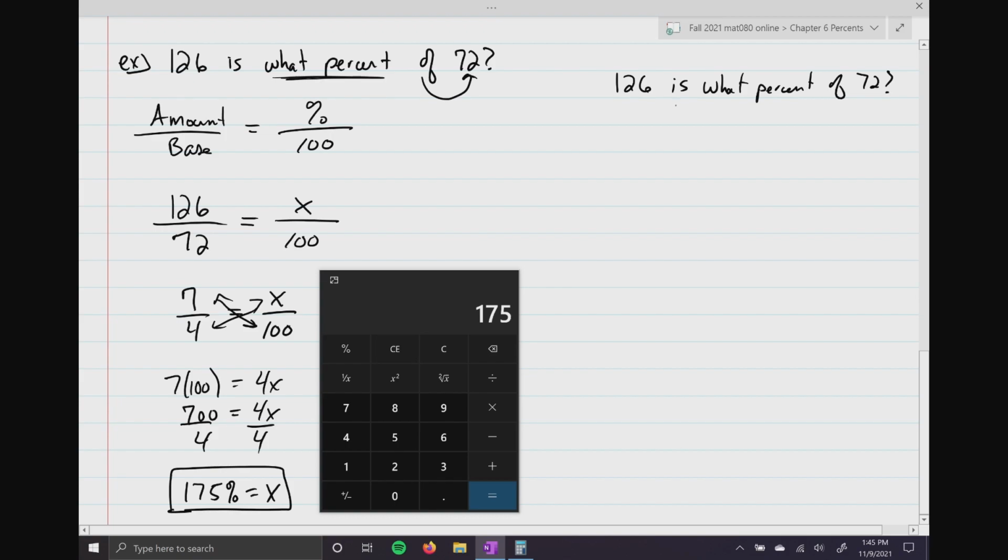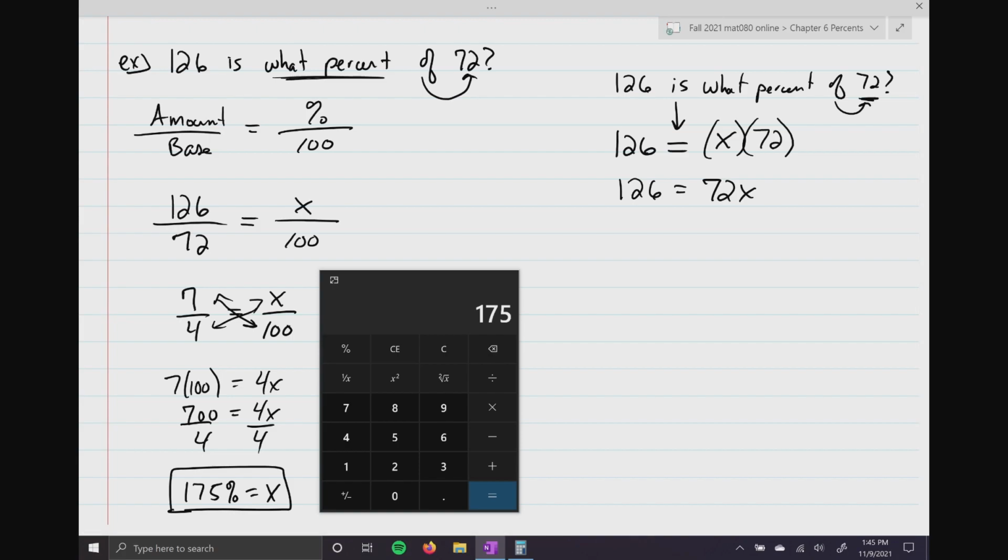I see the is, which I know is my equal sign. Now, what percent, I don't know. I put an x. And now I see the word of, and 72 is to the right of that. So to clean this up a little bit, I'm just going to write it as 126 equals 72x. Now, here's the thing. I'm going to divide both sides by 72.